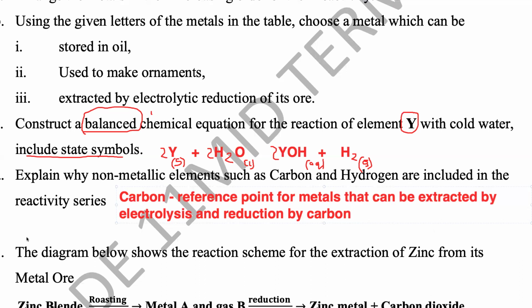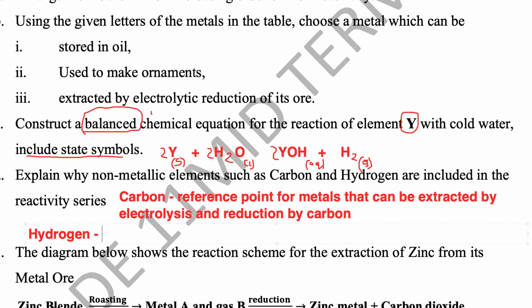What about hydrogen? Hydrogen is also a reference point, except that what they refer to is a bit different. For hydrogen, the metal above hydrogen, the reactivity series, can react with acids, and those below hydrogen cannot react with the acids.